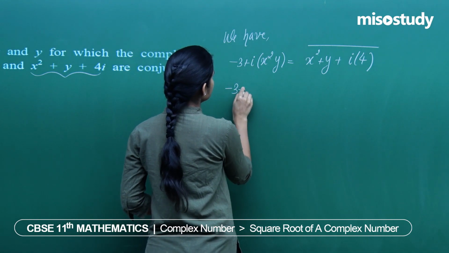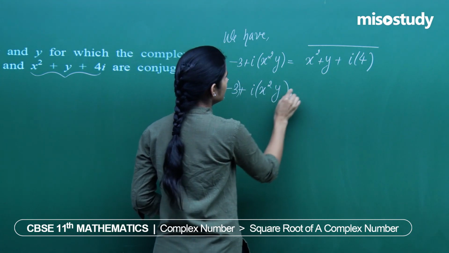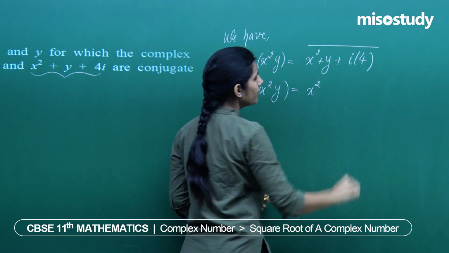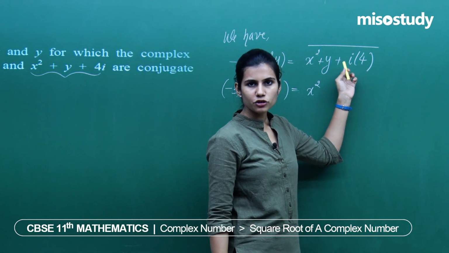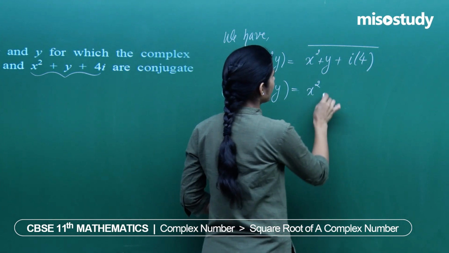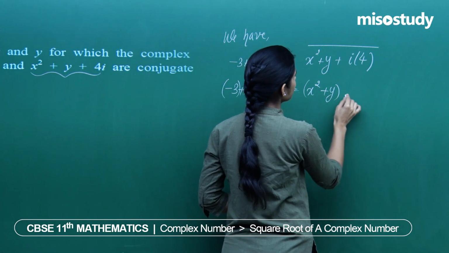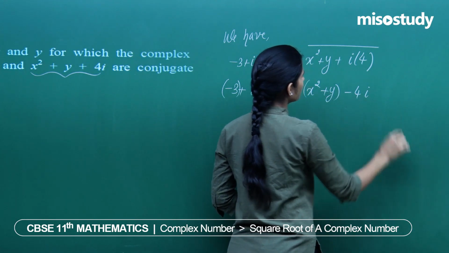That means minus 3 plus iota times x square y is equal to, what do you do when you take bar? You actually just replace the coefficient of iota by minus of that coefficient. So x square plus y, real part remains unaltered, 4 is the coefficient of iota, you replace it by minus 4.